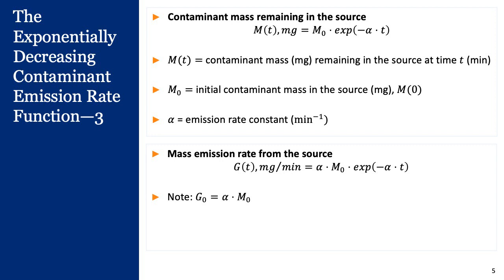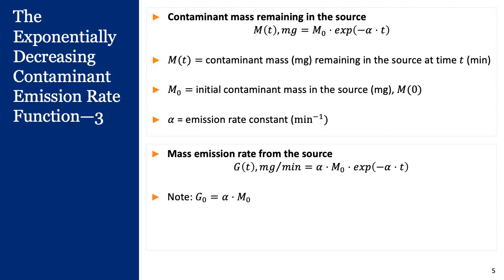So this is alpha times m sub 0 times the exponential term. And so the initial rate at which mass is being emitted from the source, G sub 0, is the emission rate constant alpha times the initial mass of contaminant spilled as a liquid.